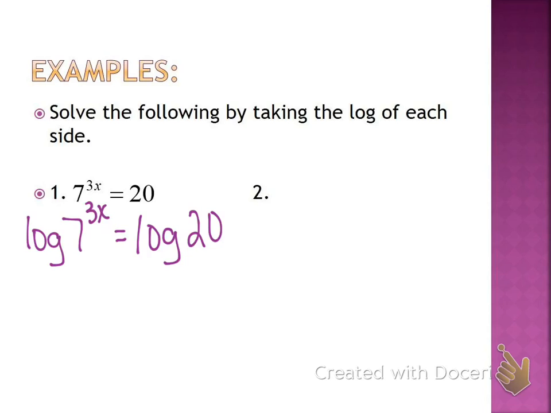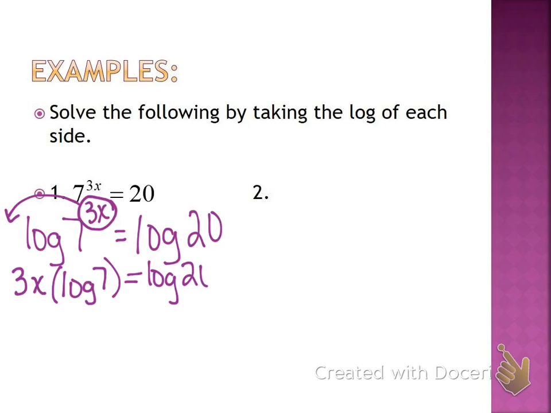So before we go on, we need to apply one of our properties that we learned in 8.4, the power property, because that allows us to take the exponent of 3x and put it where? In the front. So now I have 3x times the log of 7 equals the log of 20.